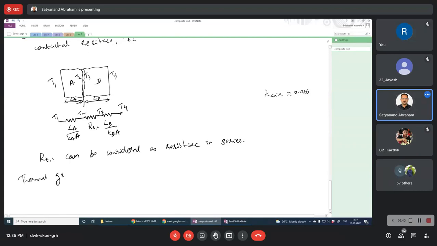Thermal grease or soft metals. Soft metals are thin foils.